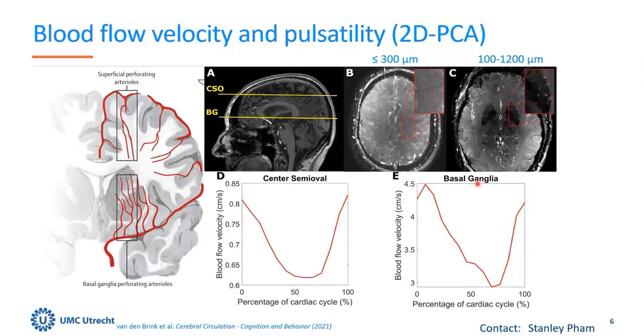We can do the same thing, and note that the velocities here are a little bit higher than the velocities in the centrum semiovale. So with these cardiac velocity traces over time, we can measure the pulsatility index, which is just the difference between the normalized maximum velocity and the minimum velocity divided by the mean.